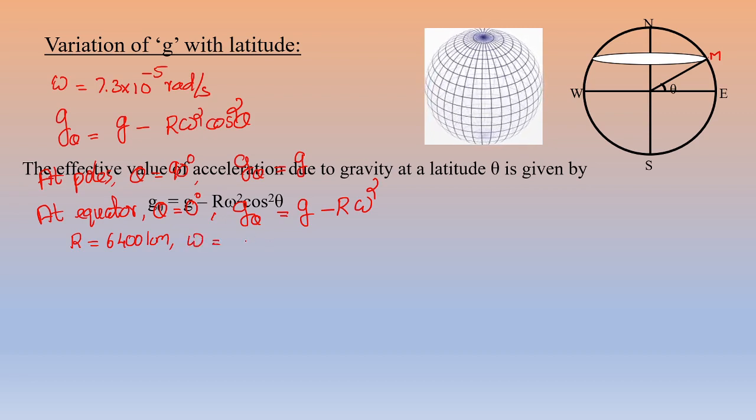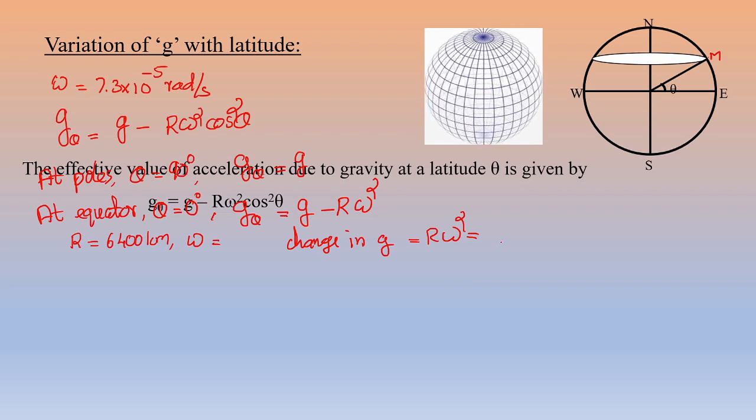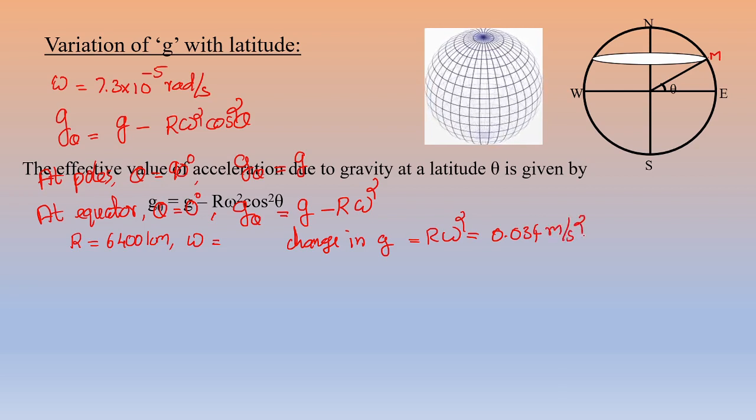Then we can find the change in the value of g as compared to the value at the poles, that is r omega square. We can calculate that, and it is 0.034 meter per second square.